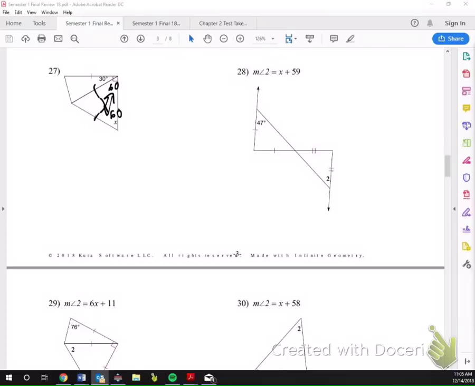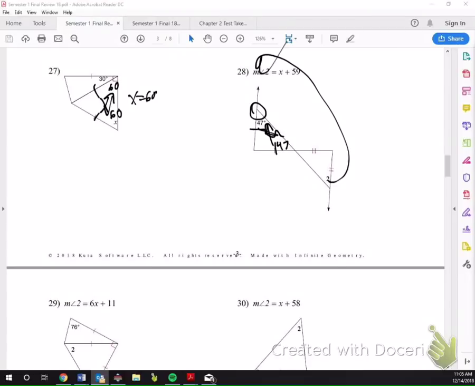Okay. So 28. The measure of angle 2 equals x plus 59. So here we go. We know that this is a base angle here. Again, we have these isosceles triangles.